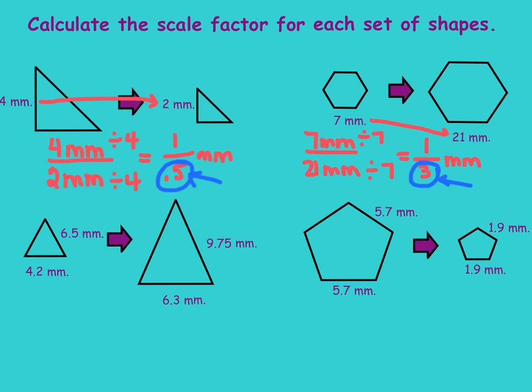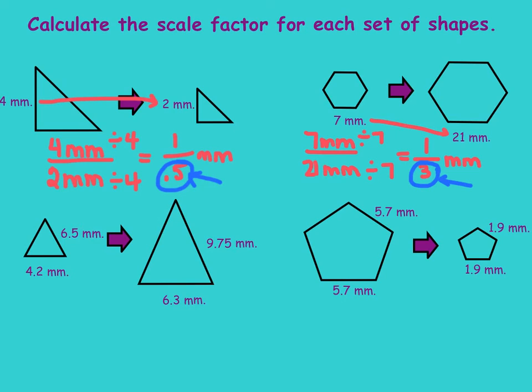Now, even if you have shapes that have decimals, like the last two examples here, you still do it the same exact way. You may also notice that here we have 6.5 millimeters and 9.75 millimeters, and then 4.2 millimeters and 6.3. So even though the sides are different lengths, everything's still going to work out the same.